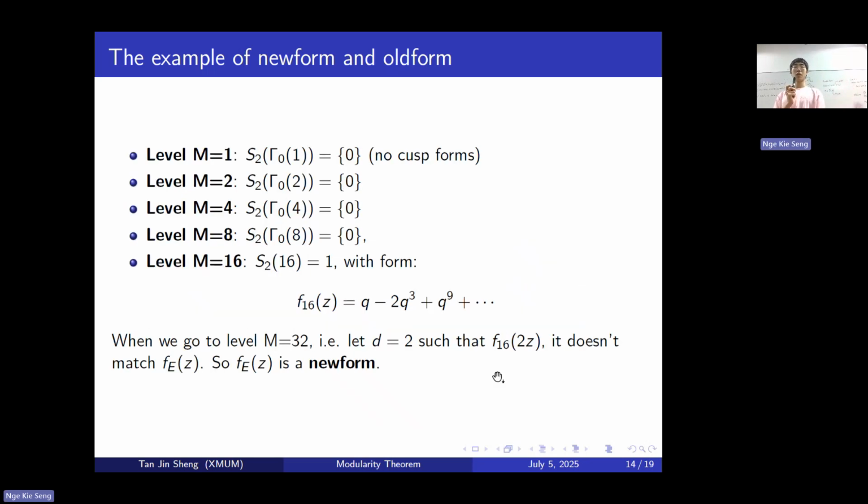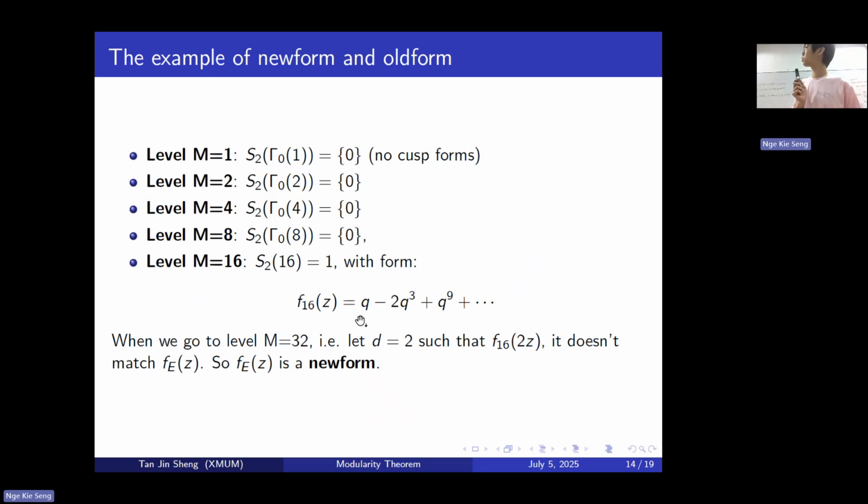The explicit calculation is shown below. When the level M is 1, we get no cusp form because this space is 0. 2 is the same, 4 also the same, 8 also the same. And when we get to 16, we substitute 16 into the equation, then we get 1.